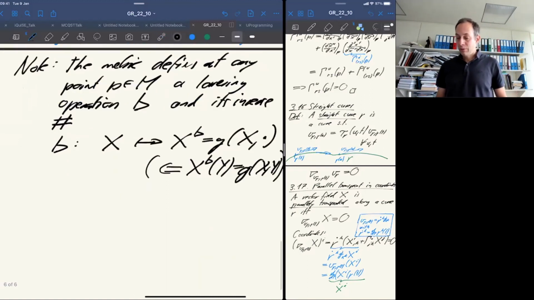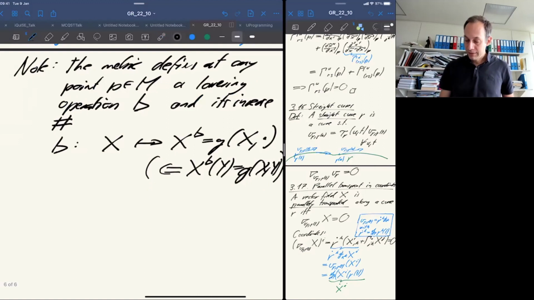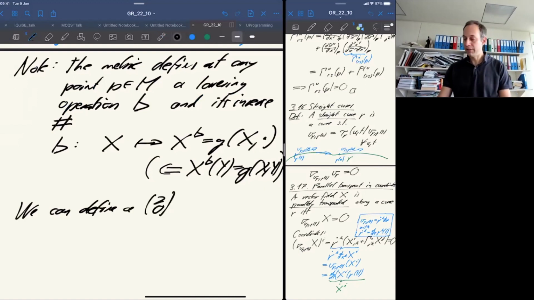Now, the reason why I wanted to repeat that is that we can also define a 2-0 tensor field. So the metric was a 0-2 tensor field.